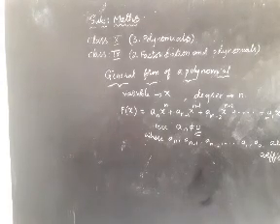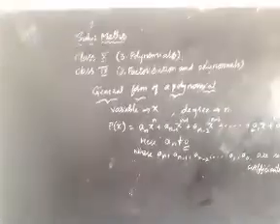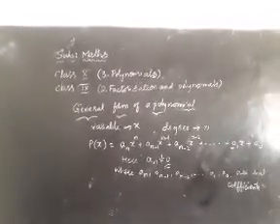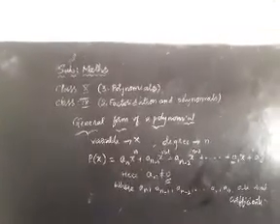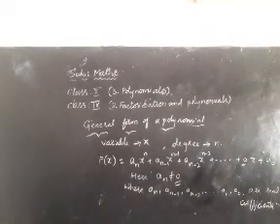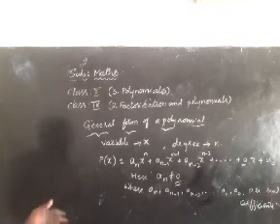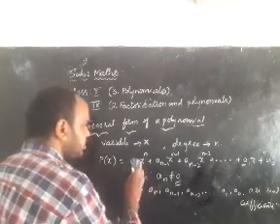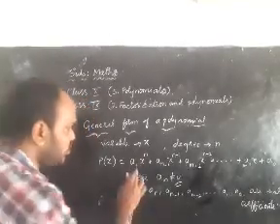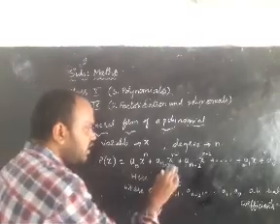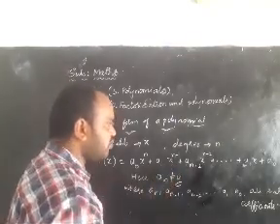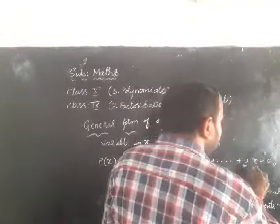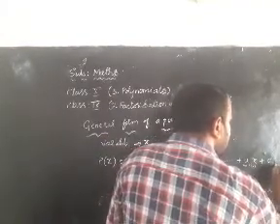The same polynomial we can write in another way also: a0 into x to the power of n, a1 into x to the power of n minus 1, a2 into x to the power of n minus 2, so on up to an minus 1 into x plus an.